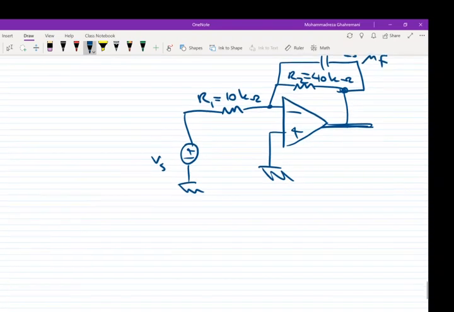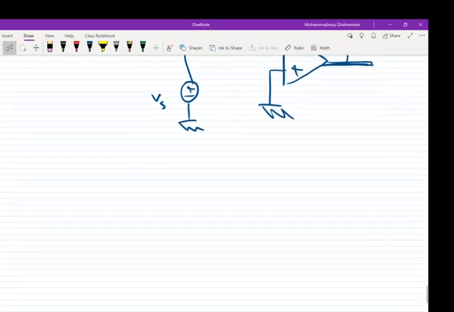Okay, this one is a circuit. I'm sorry, I know it's messy, but I don't know what's wrong with my pen.